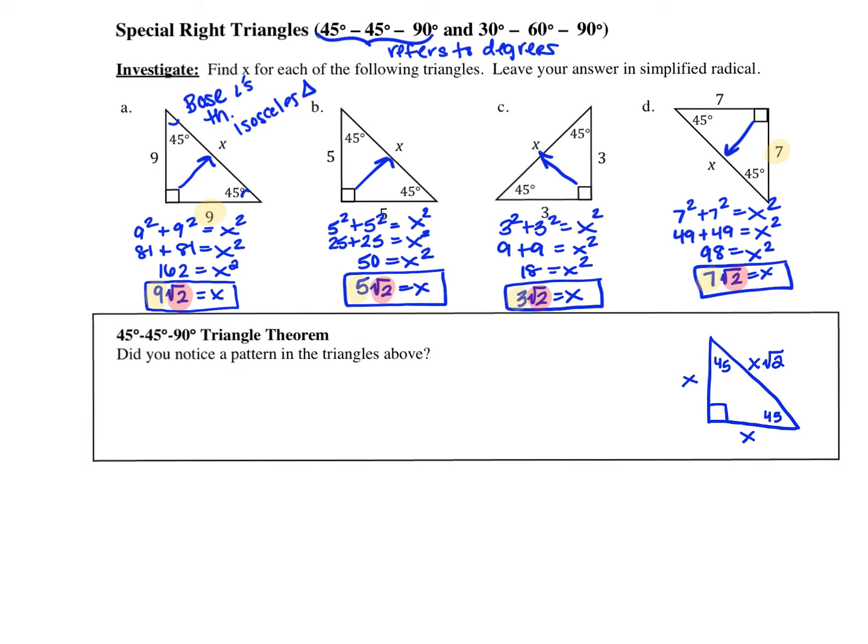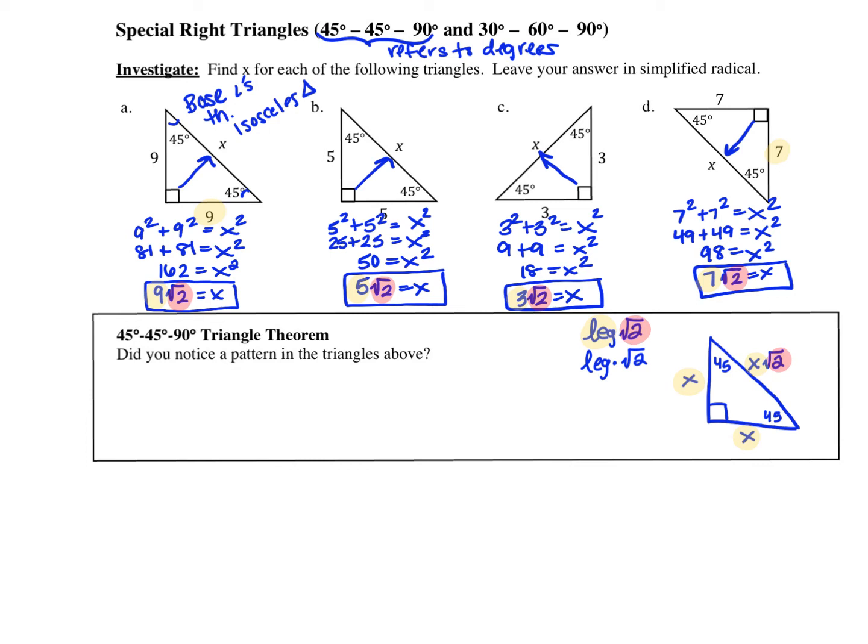So the hypotenuse is going to be leg root 2, which is the leg multiplied by root 2. So our x represents our leg, and the root 2 comes from the leg times root 2 for your hypotenuse.